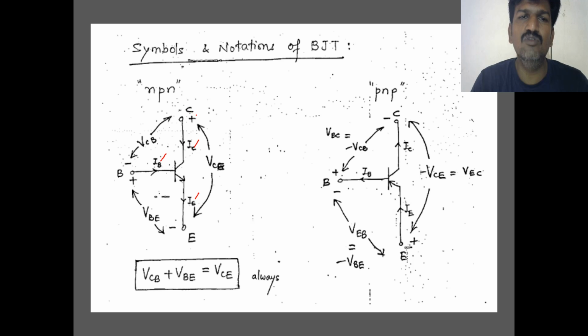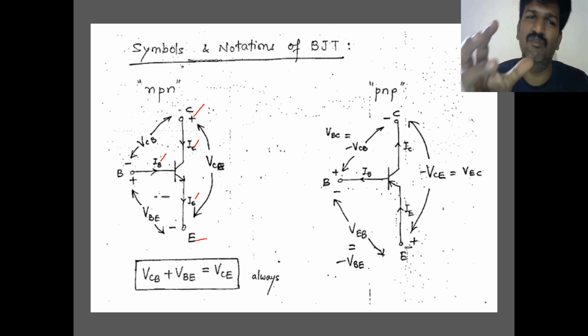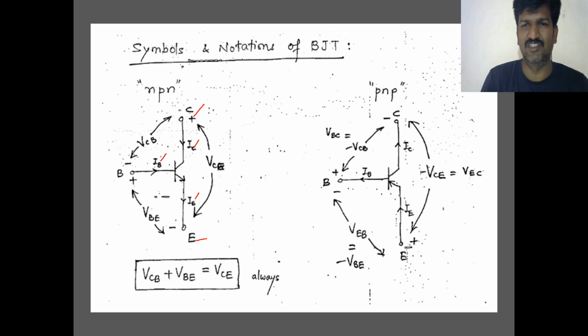Here you take the polarity: at the collector is plus, at the emitter is minus. You should remember, this is just a symbolic representation corresponding to the common emitter configuration of your NPN transistor. We will discuss what the configuration is in the next slide.